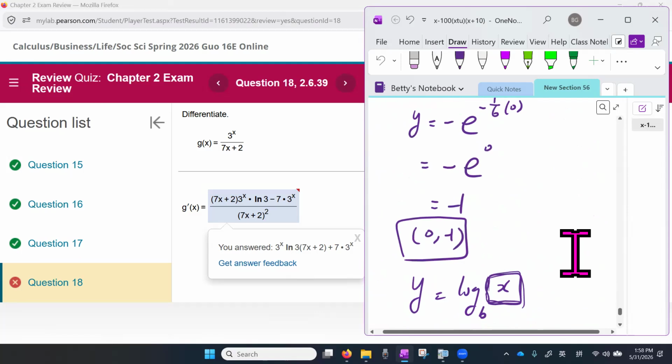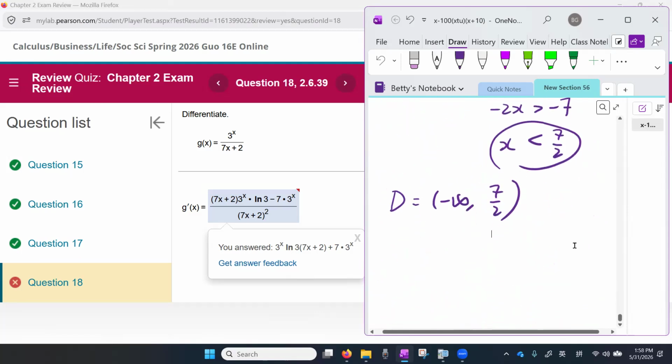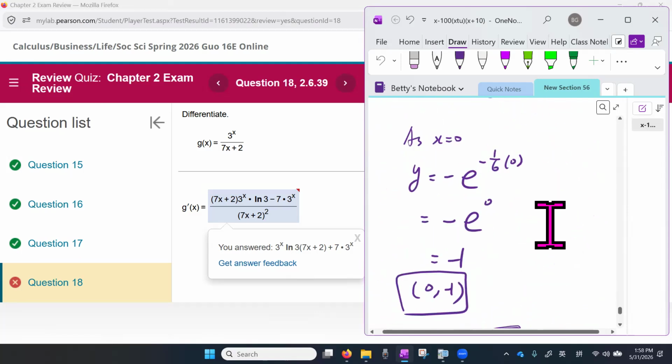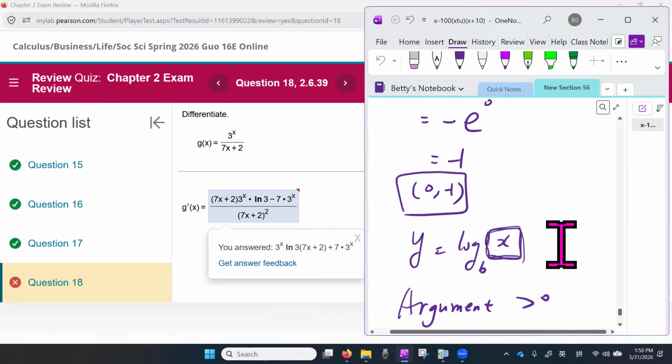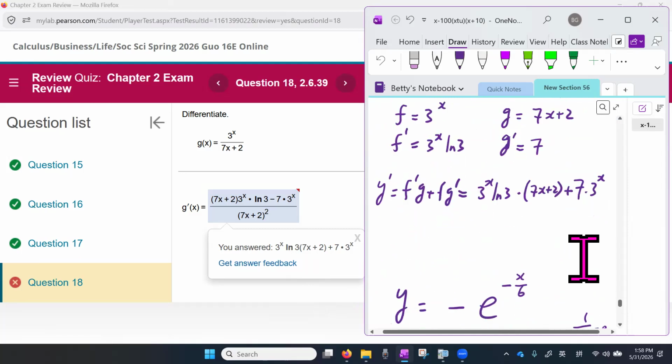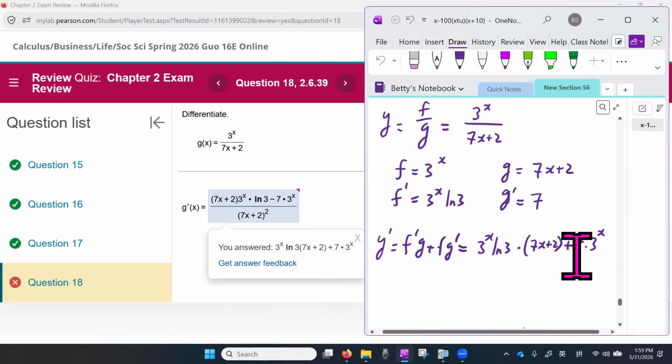I couldn't find where the problem is. It's question number 18. Question number 18. This one. Oh, Jesus. I made a very big mistake here.